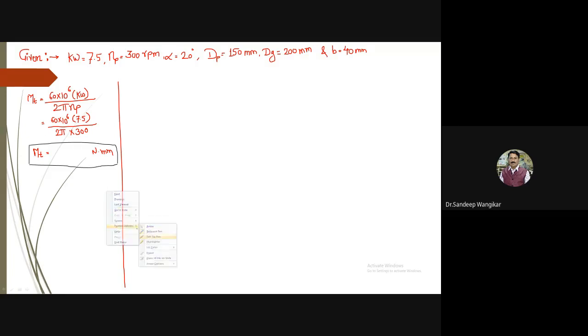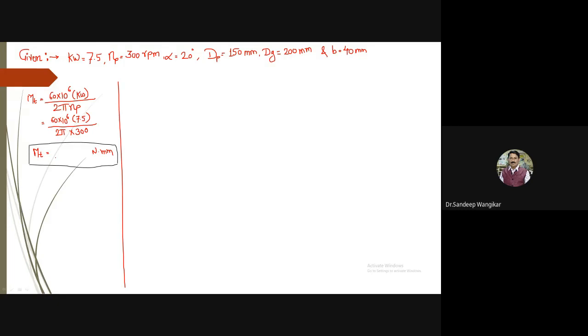Calculate the value for MT. It is a simple calculation. 238732.